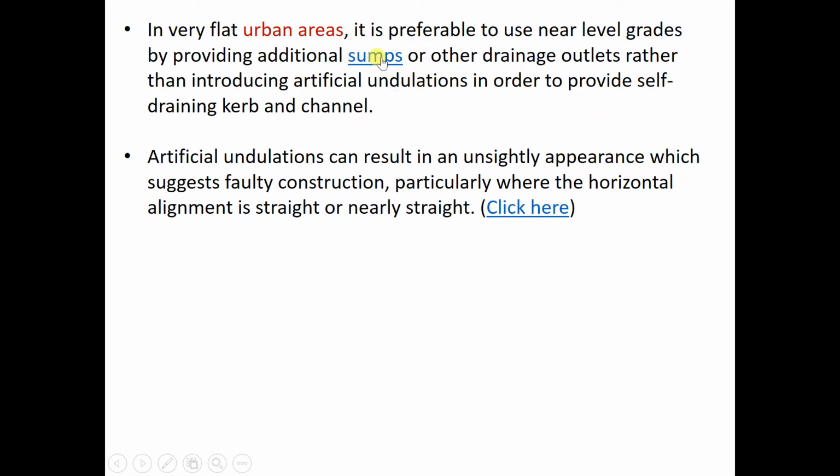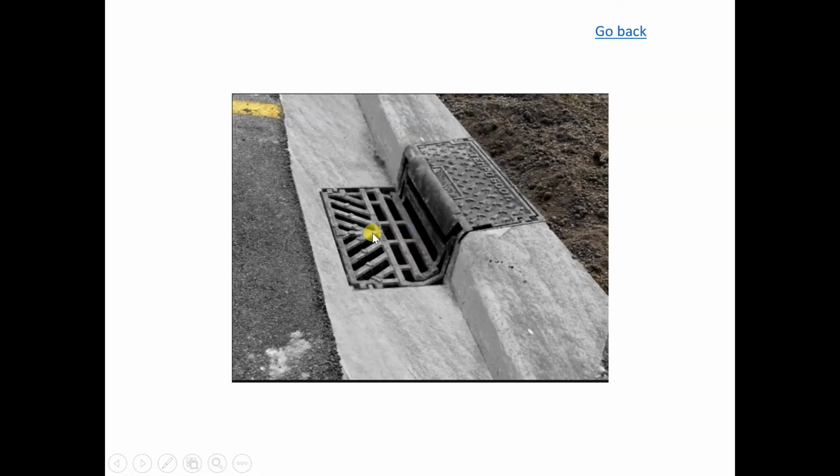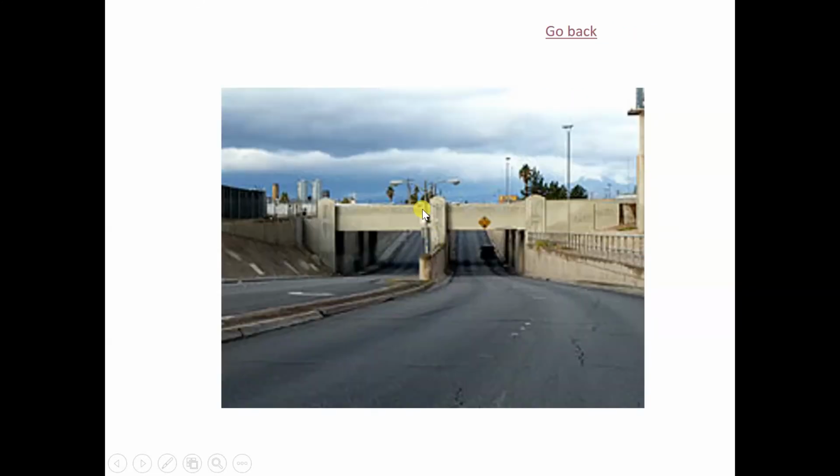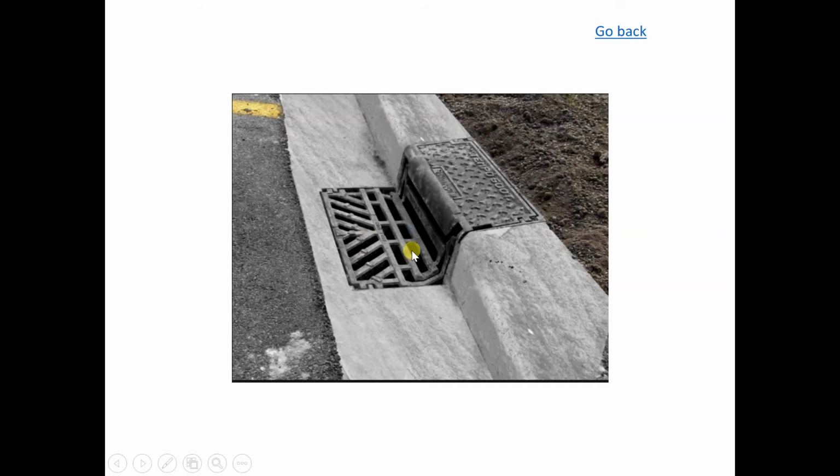To get rid of the water, we need to provide more sumps, the catch pits, so that the water can be drained off from the side of the road and go into the stormwater pipes.